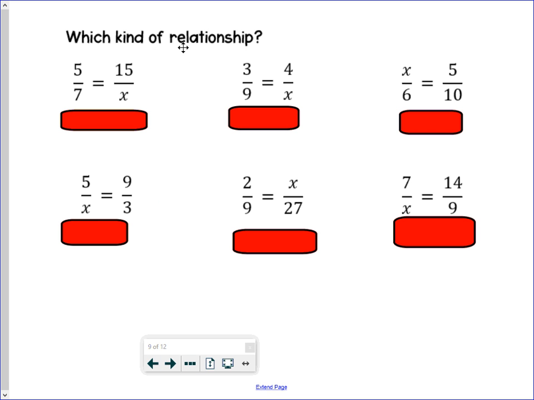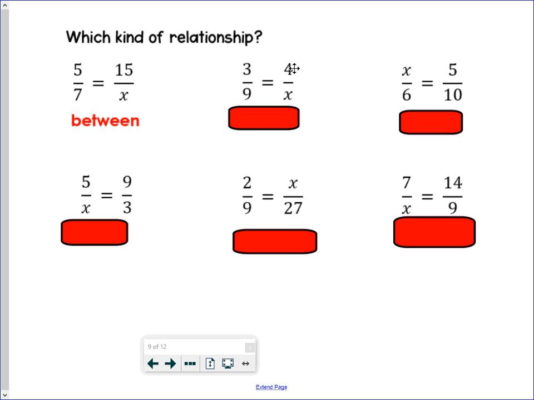So first thing we're going to do is figure out what kind of relationship we have. So in this case, there is no relationship up and down because 5 doesn't go into 7. However, if you look at 5 and 15, 5 can go into 15 3 times. Or 15 divided by 5 is 3, so therefore this relationship is going to be in between.